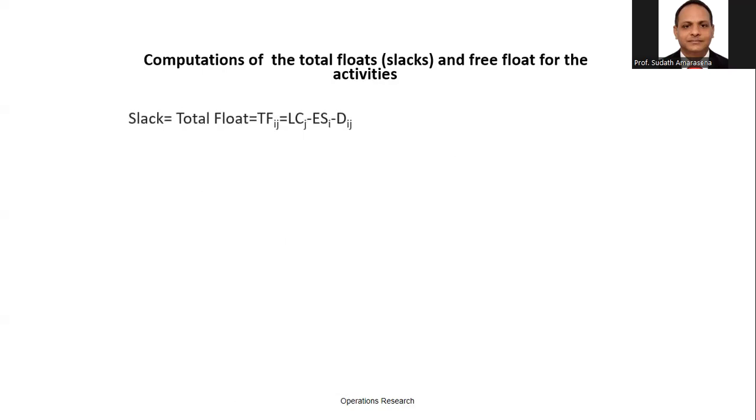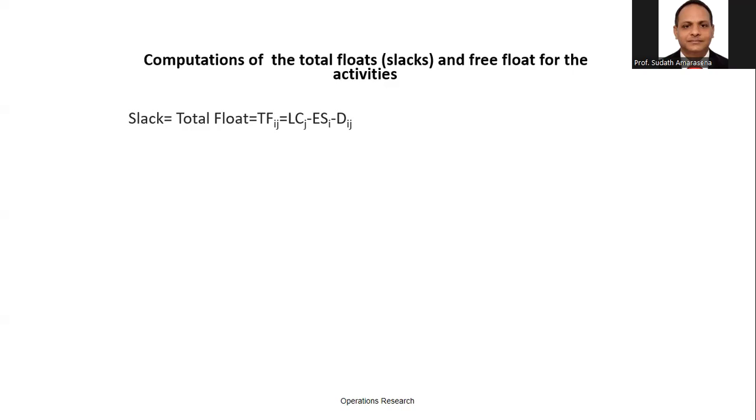That's the formula we use. TFIJ means total float. IJ means in between the two events. LCJ, latest completion time J value, subtract ESI, earliest starting time I value, subtract DIJ, the duration of the particular activity.